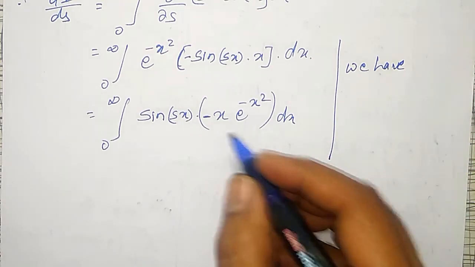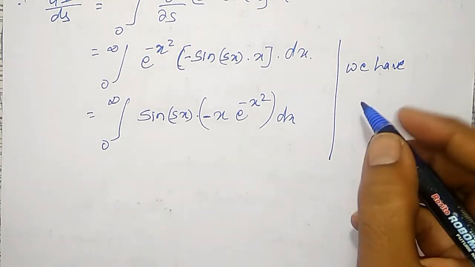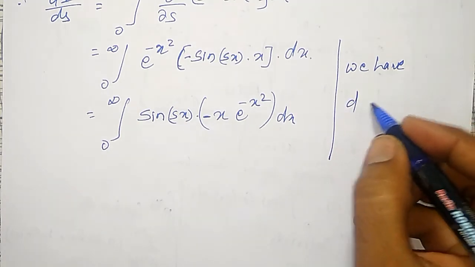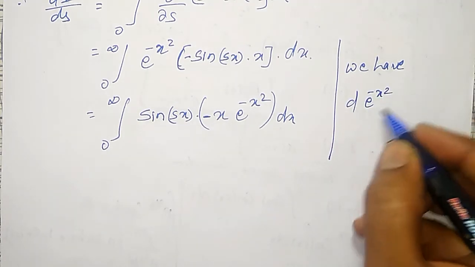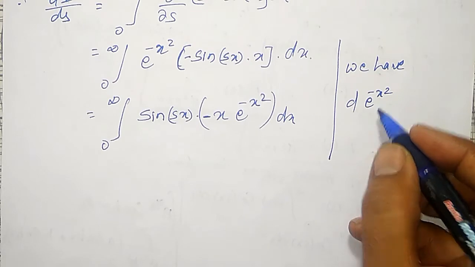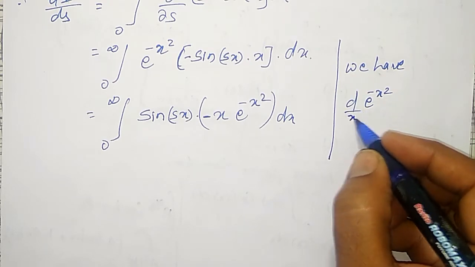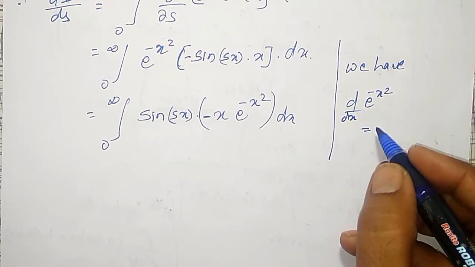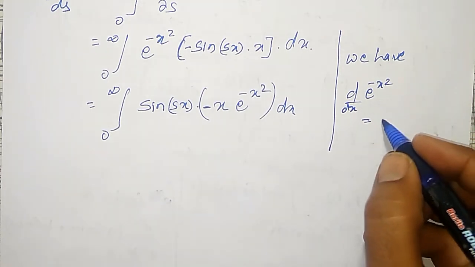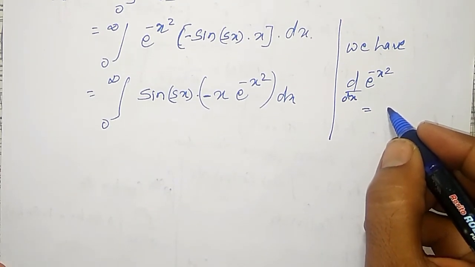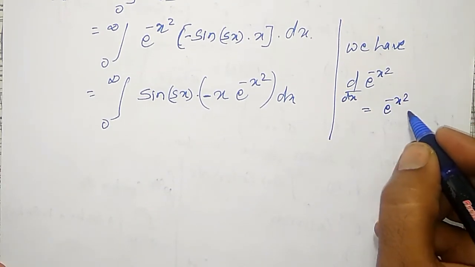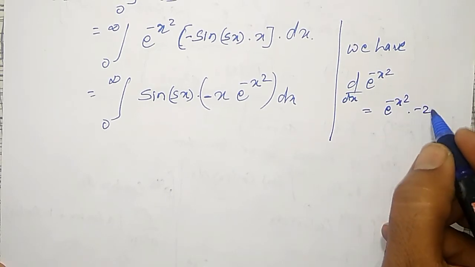What is its integration? What I can say here, the derivative of e to the power minus x square with respect to x, I can write as e to the power minus x square as it is into minus 2x.